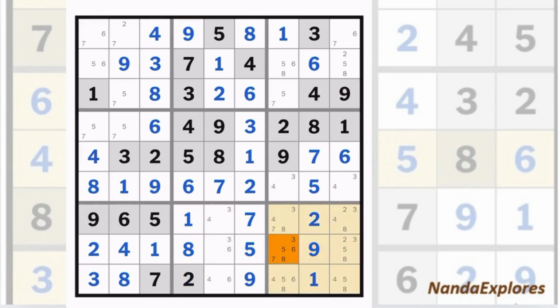Now here we need to remove 5 and 5 from here. Here we also need to remove 8. Here also you need to remove 8. Here you need to remove 7 and 2.